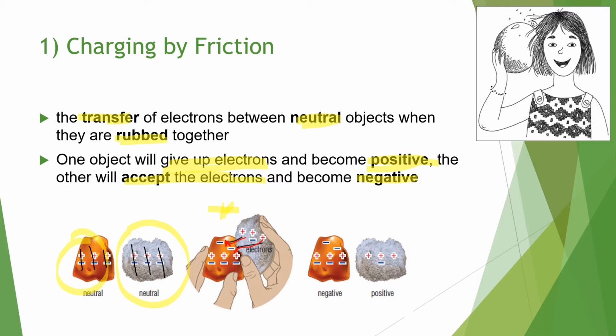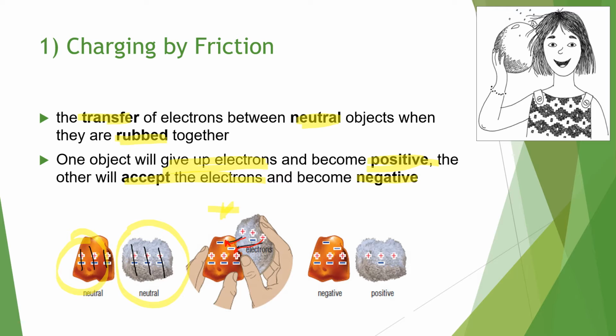Okay, so we'll see in future slides that some materials are likely to give up electrons and some are likely to accept. So in this case, this gray material here is going to give up electrons, and the orange material is going to gain the electrons.